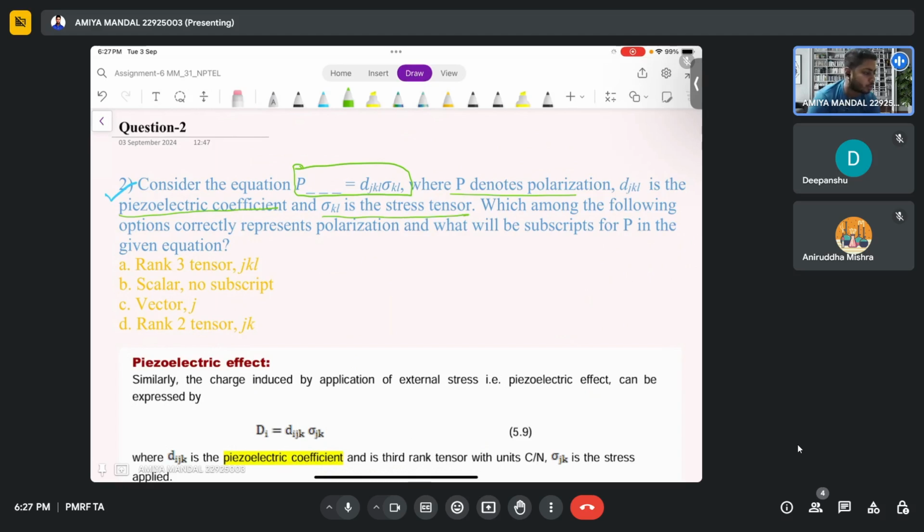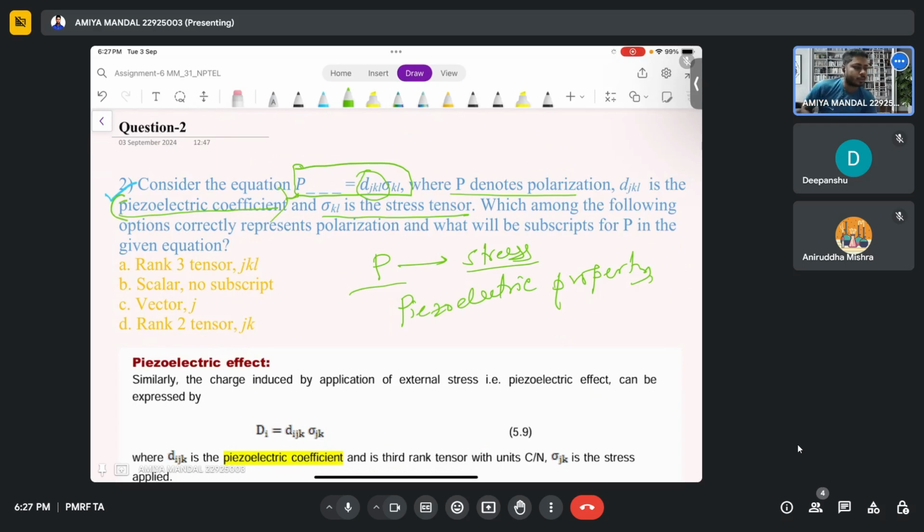Polarization is related to stress in which property? This is the piezoelectric property, and the corresponding d value, the tensorial value, represents the piezoelectric coefficient.